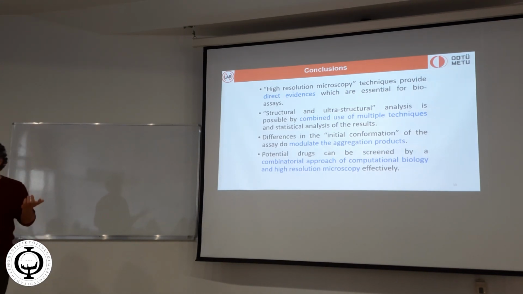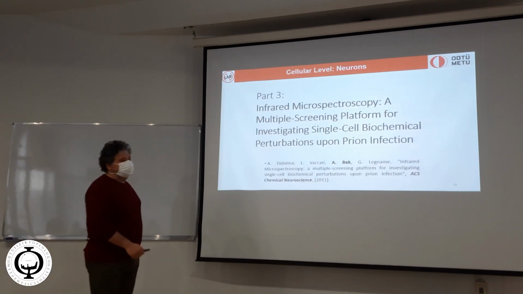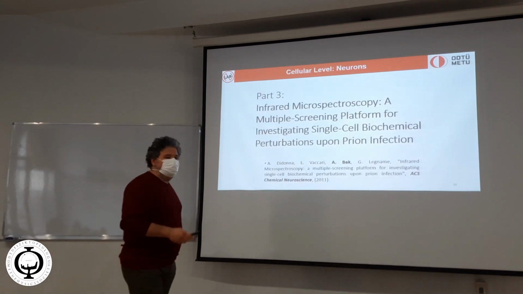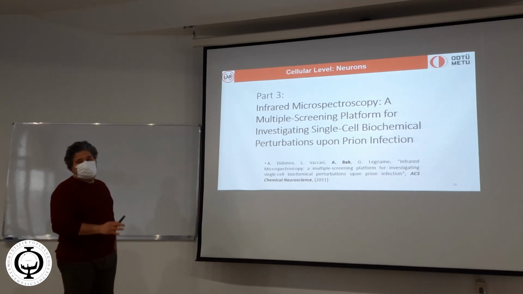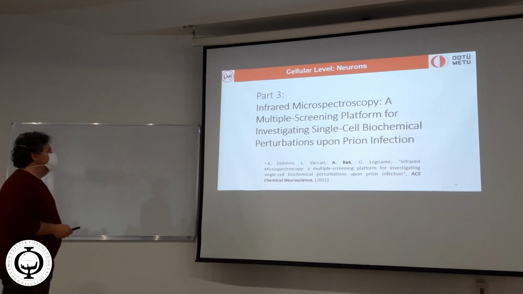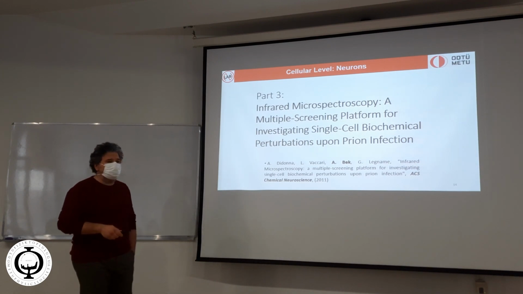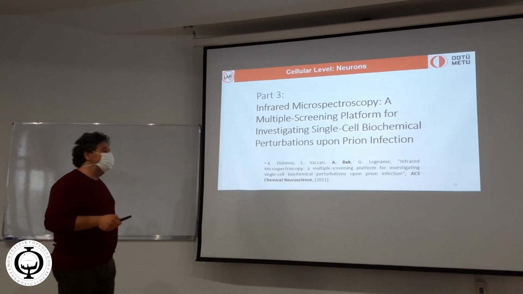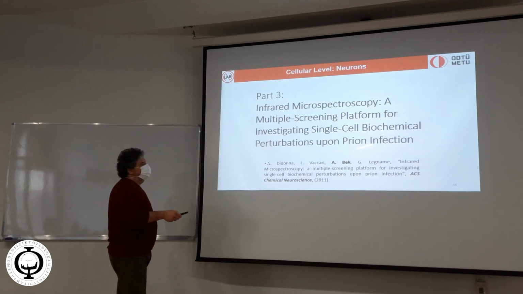Okay, so good. Now, the other two examples will come from cell models. So not molecular level, but cellular level studies. Here, this example is from infrared spectroscopy with microscale resolution, again around prion infection.